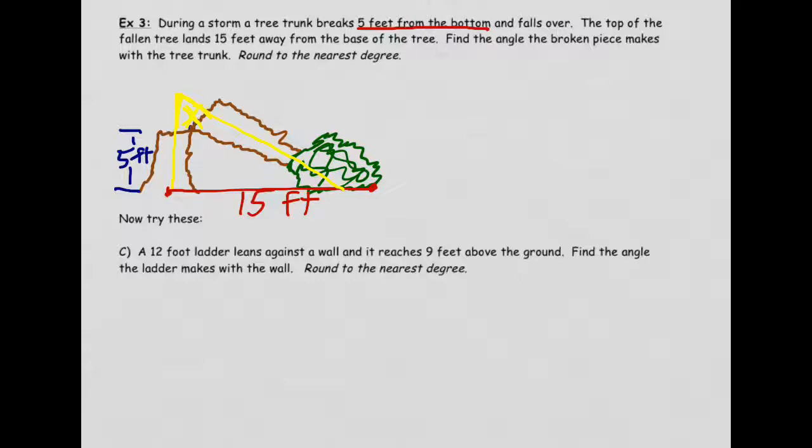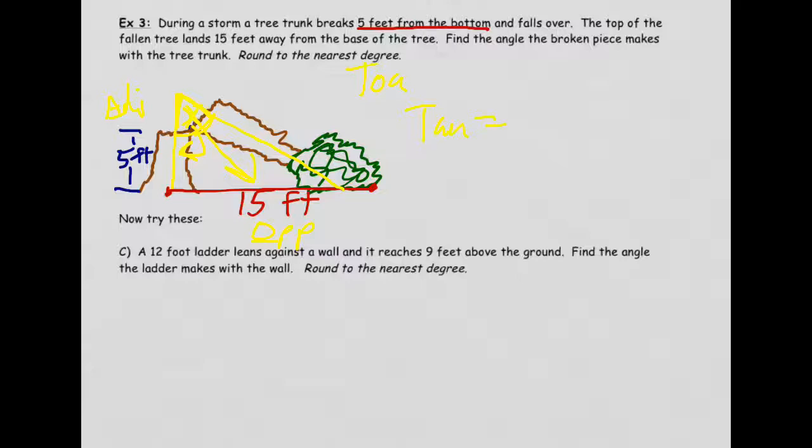So I'm looking at my angle first. I've got my angle, and then I see that my side that is 15 feet is opposite my angle, and then my side that is just 5 feet is touching my angle. It's adjacent. So I've got opposite over adjacent. Remember that's TOA.